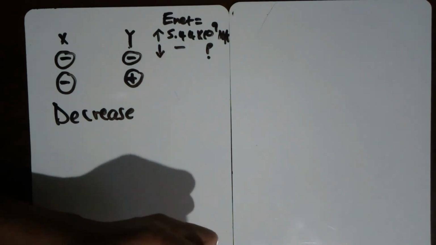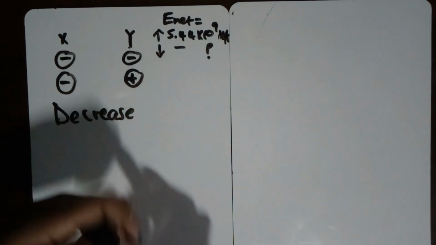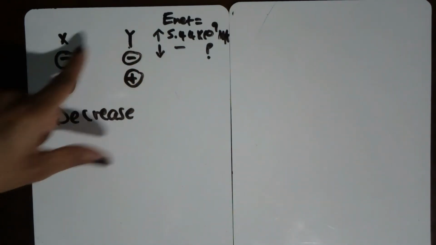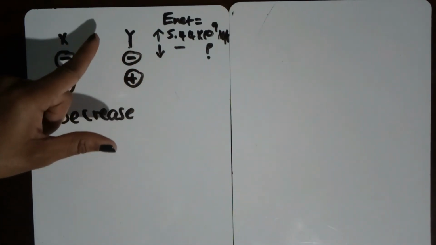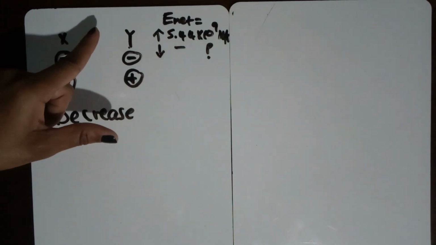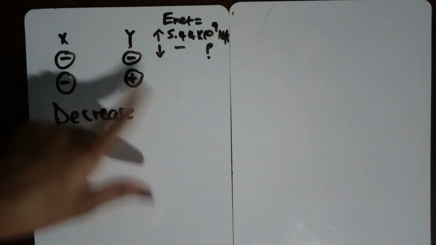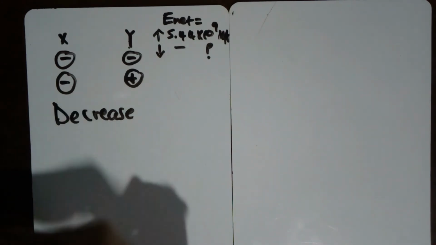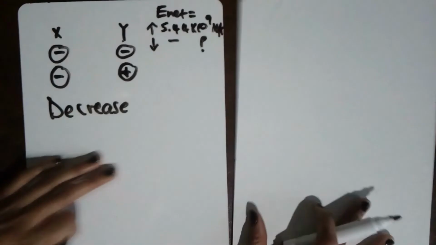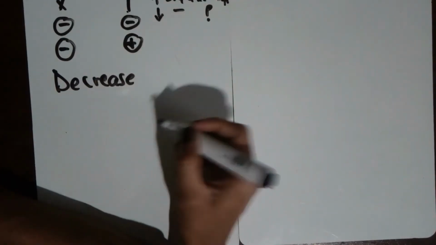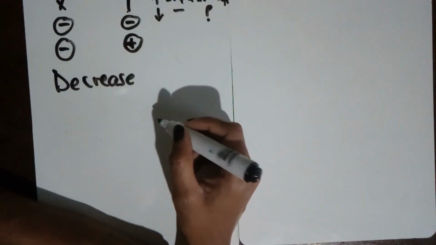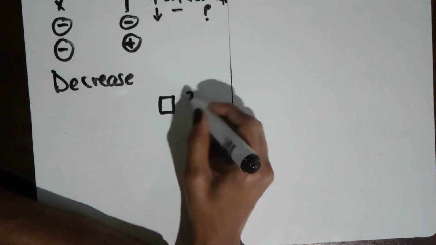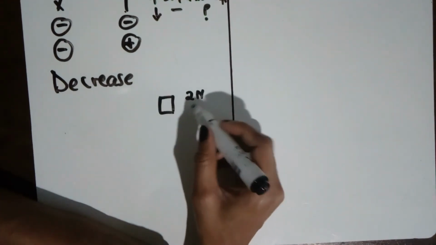So now when these two charges are oppositely charged, it means that their electric field will now be in opposite directions, right? And I want you to think about this. If you have a friend, and you are pulling on a rock. So you pulling at a rock with a force of 2 newtons.